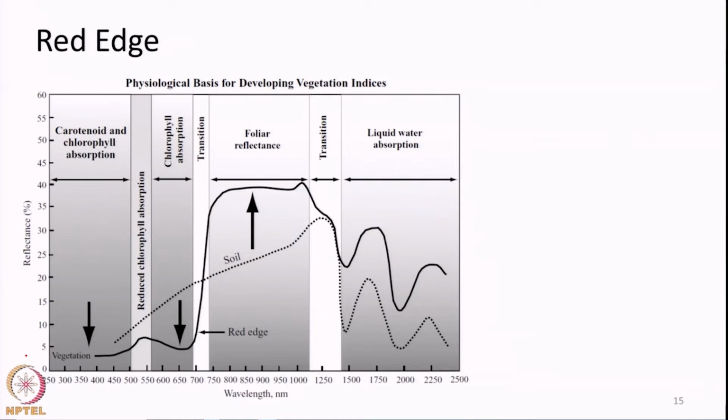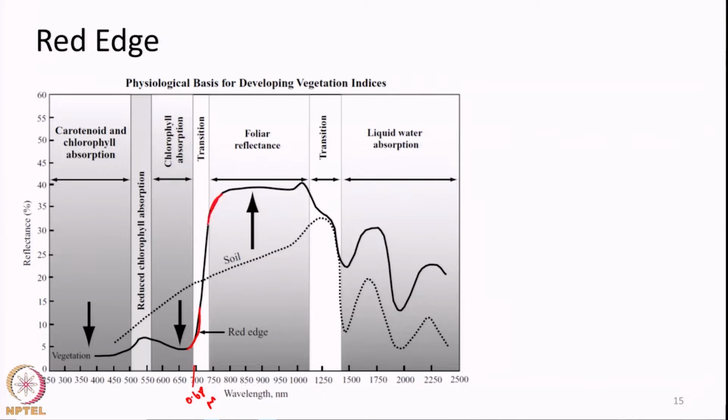Let us look at the spectral reflectance curve of vegetation here. If we observe this curve, after the red portion, around the 0.68 micrometer range, the reflectance suddenly increases and reaches a very high value.